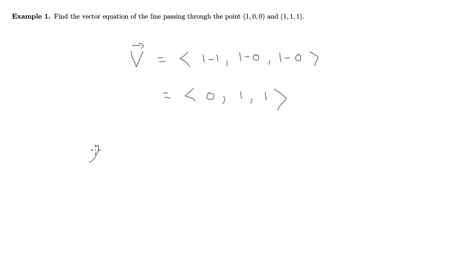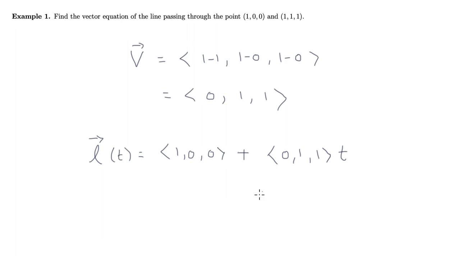So then the equation of our line will be, we'll take your favorite point, I'll just take (1, 0, 0), and then add our direction vector, (0, 1, 1), times t.